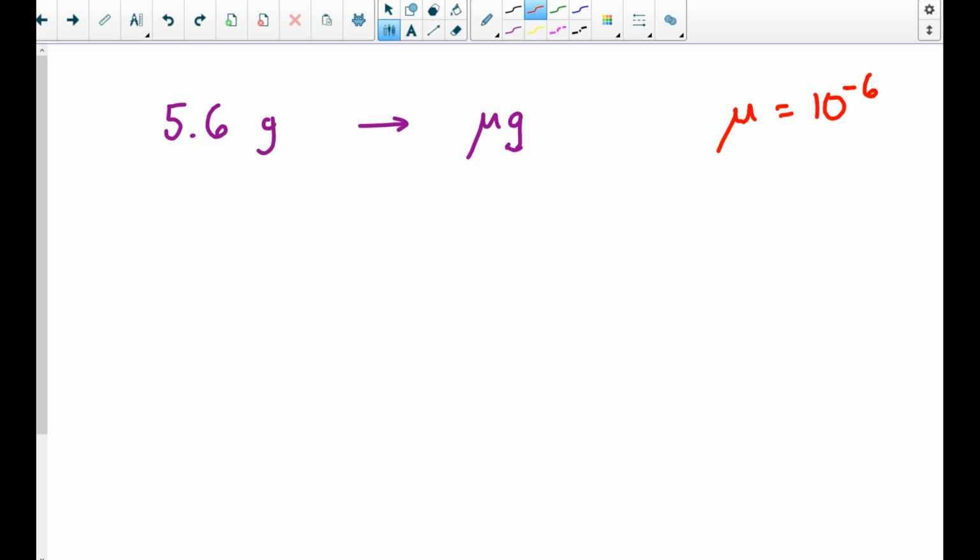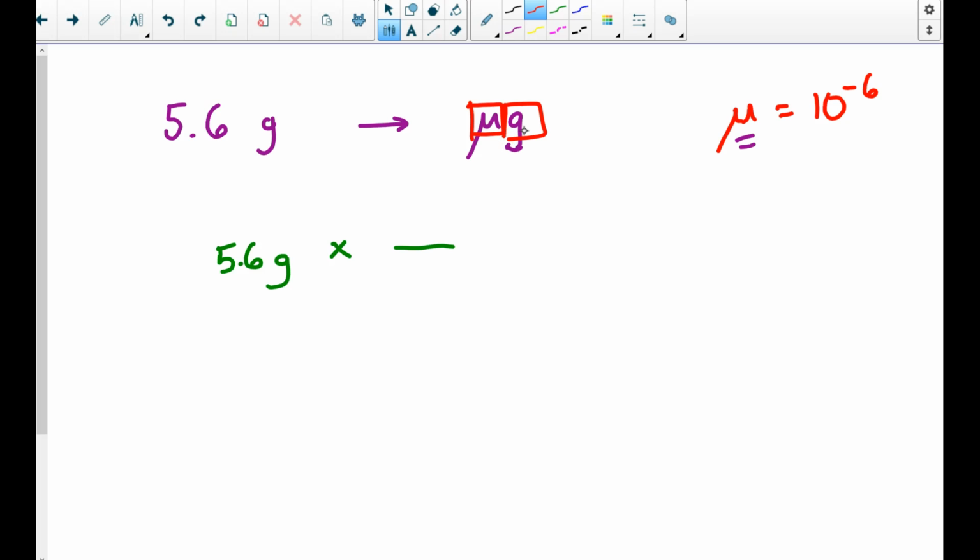Okay, so write down the original amount, 5.6 grams, and make sure we don't change that amount. How do we guarantee that this stays the same? Multiply by 1. So I'm going to multiply by a fraction that equals 1. Where does the micro go? On the top or on the bottom? Which one is correct? Well, we want micro to be right there beside grams.